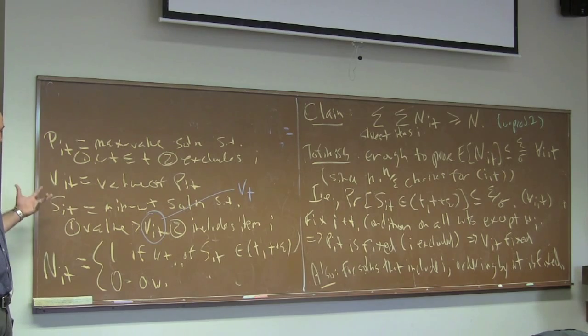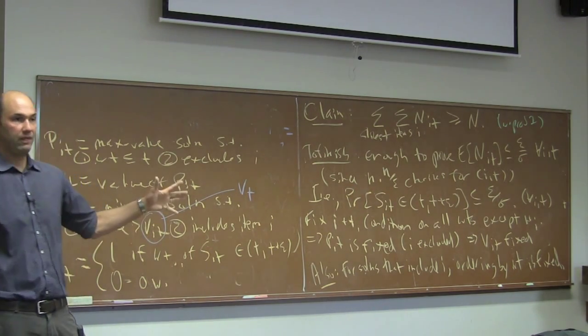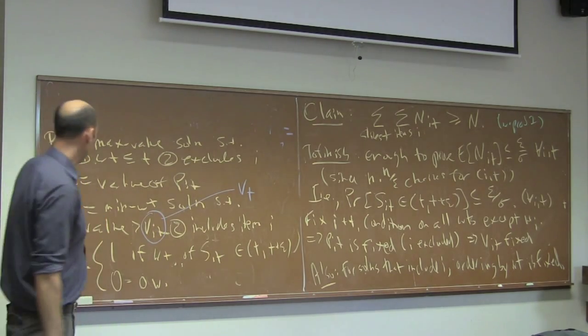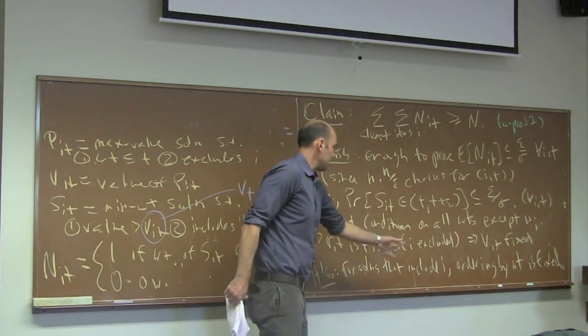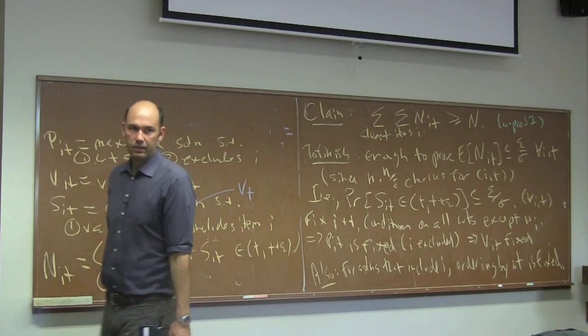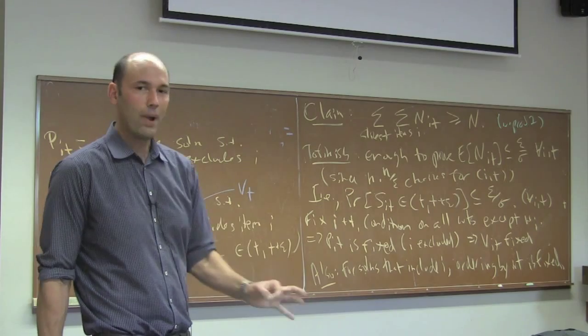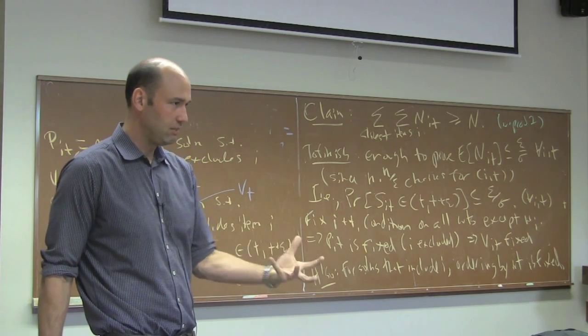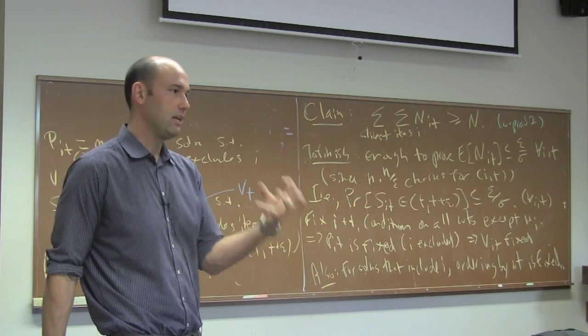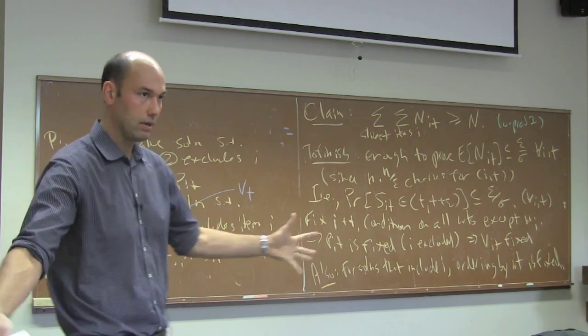Okay? So the feasible solutions, if you will, the subsets of items that satisfy constraints 1 and 2, is fixed. Moreover, their ordering by weight is also fixed. We don't know exactly what the total weight of a given subset is, but we do know its total weight modulo item I, and that's enough to know the relative ordering.